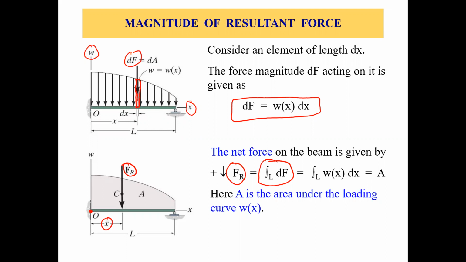Put in the value of dF, so we'll have the integral of w(x) times dx over the length. And we know that this is the area of this loading curve, right? So how do we find the resultant force? We just find the area under the loading curve. That's the magnitude of the resultant force.